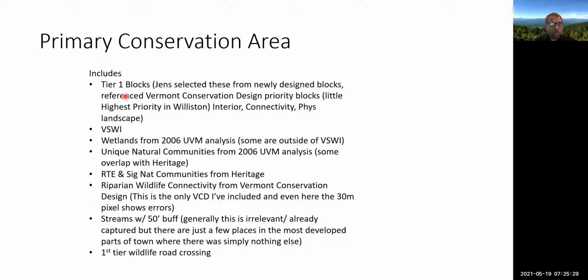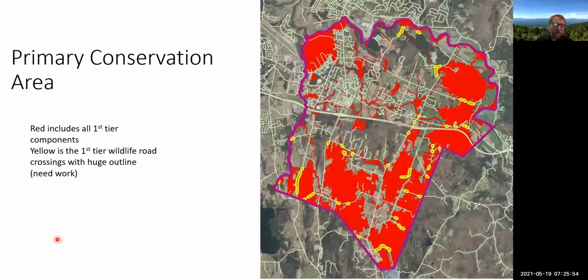And so that might prevent our ability to assign a higher standard for these other features if we include that here in the primary. But ecologically speaking, these forest blocks are the backbone, the anchors of the network, and then these are finer scaled items that are incredibly important and sensitive.